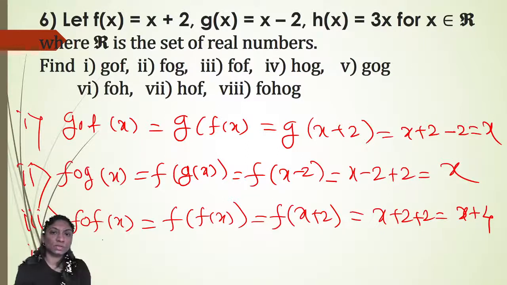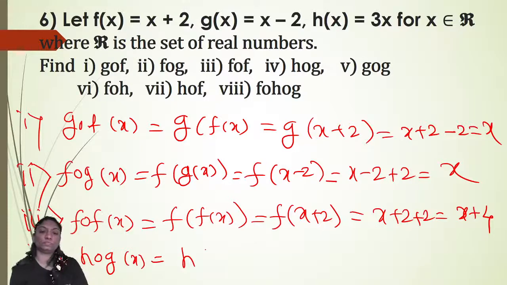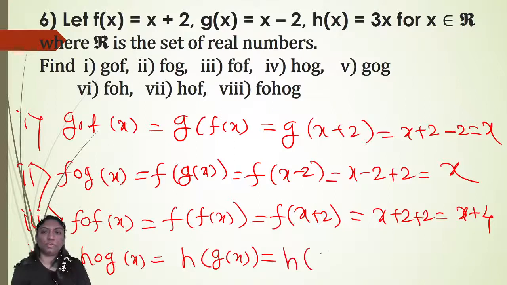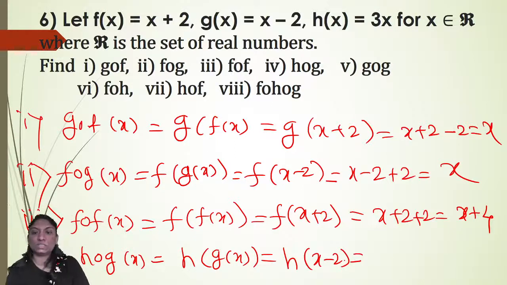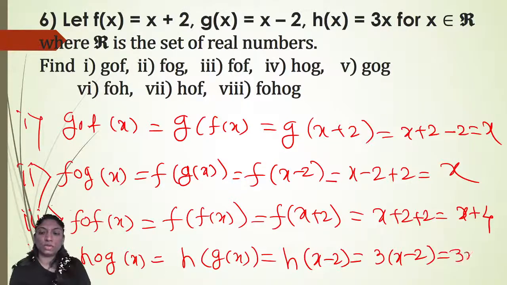Fourth one, h composite g of x. So h of g of x. g of x is x minus 2, h of x is 3x. So 3 into x minus 2. So 3x minus 6.